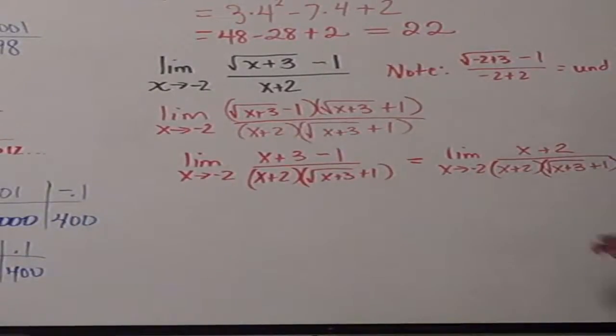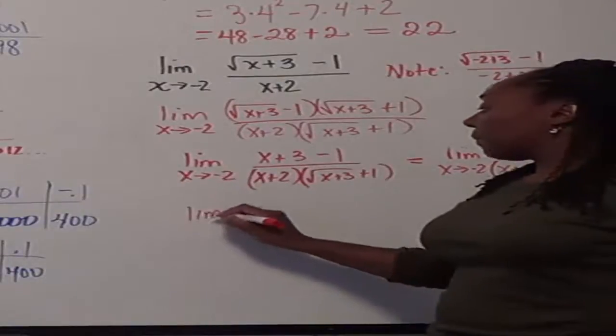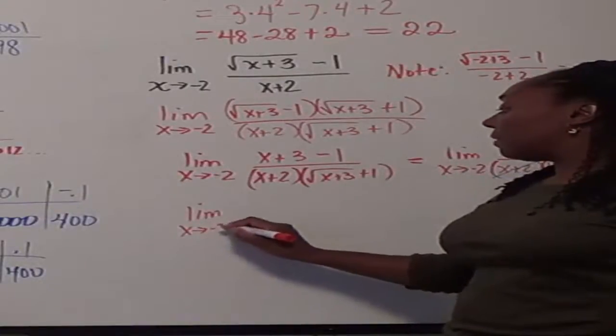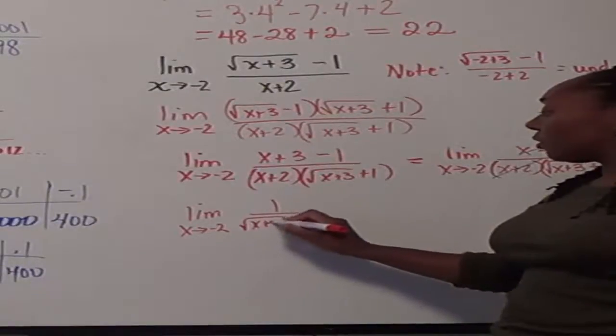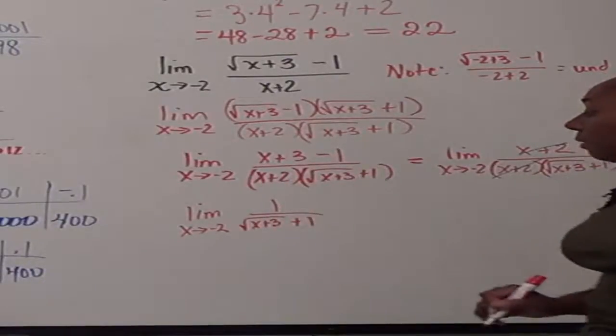Okay. And the nice thing about this is when I look at this now, I've got a multiplication of like terms, so I can divide out those common factors. Okay. So my limit is now looking at 1 over the square root of x plus 3 plus 1.